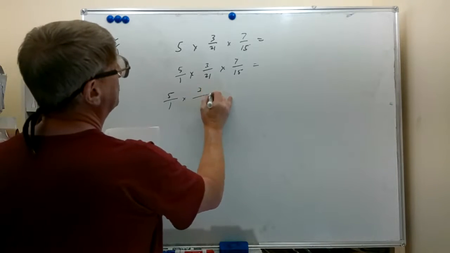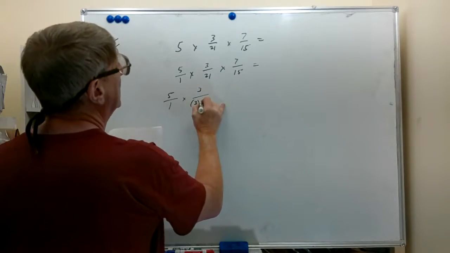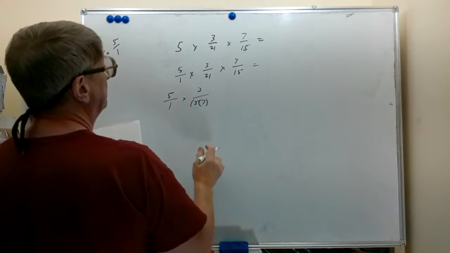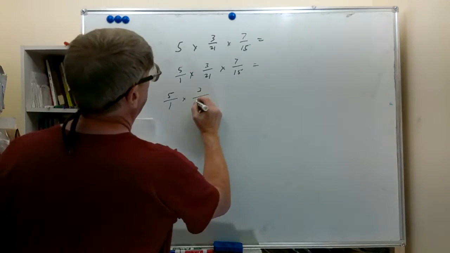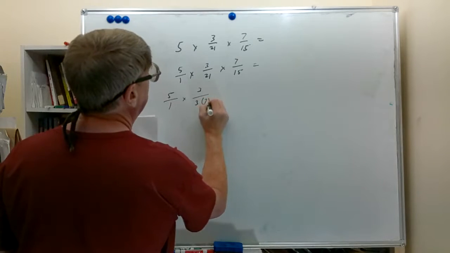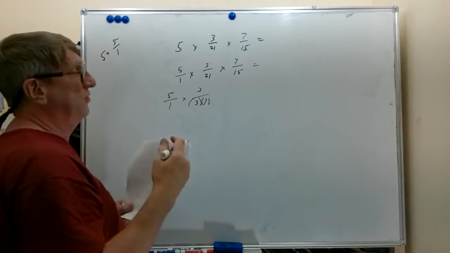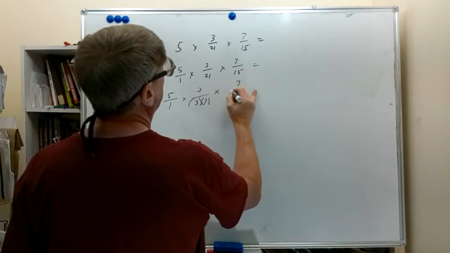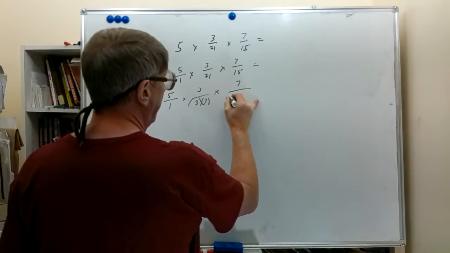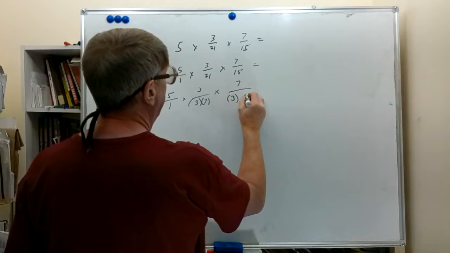3 can't be reduced, but 21 can be written as 3 times 7. So that one can be factored into the factors of 3 and 7. 3 times 7 is 21, so 3 and 7 are factors of 21. The 7 happens to be prime also, but 15 can be factored into 3 and 5.